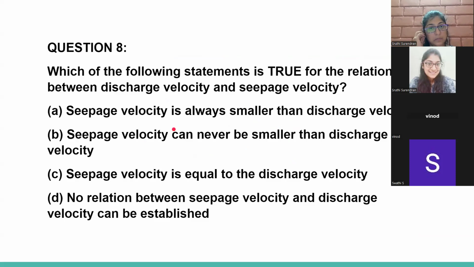Next, which of the following statements is true for the relation between discharge velocity and seepage velocity?